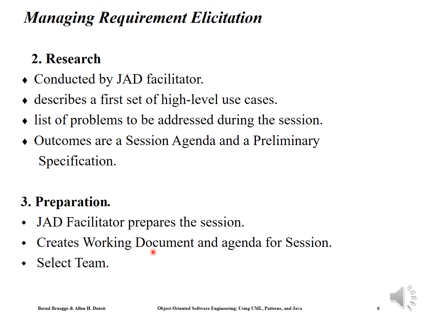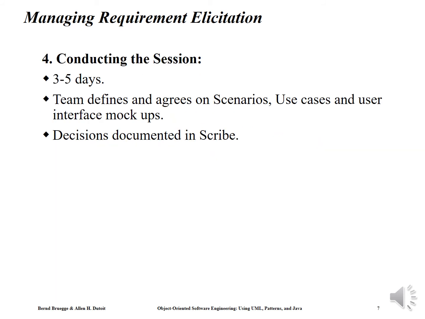A working document is created, which is the initial version of the final document, and the team is selected who will participate in the session activity. Then the main activity, the session, lasts 3 to 5 days, and during this activity, the team defines and agrees on scenarios, use cases, and user interface mockups, and all decisions are documented in Scribe.